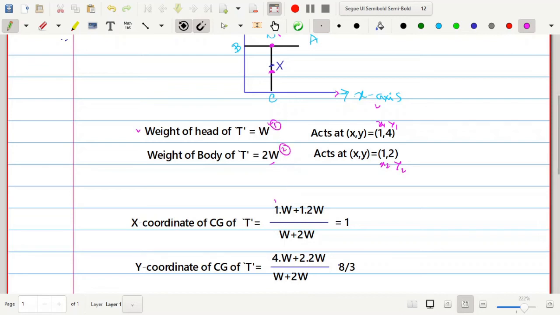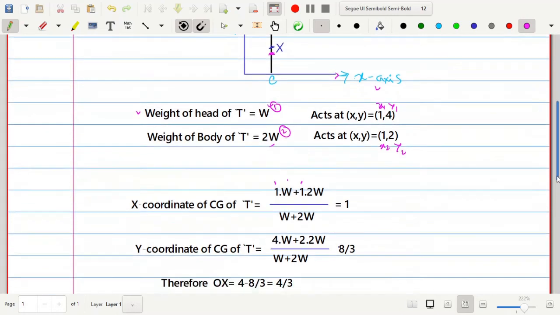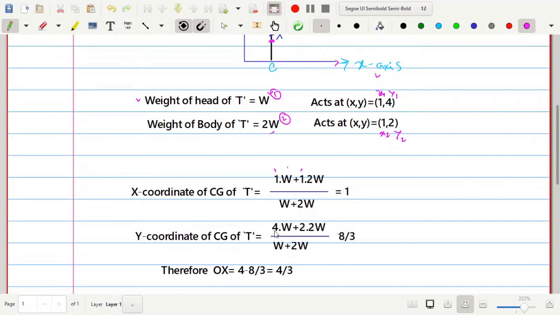So x1 is 1, w1 is W, x2 is again 1, and w2 is 2W, divided by w1 plus w2, the total weight. This is 1. For the Y coordinate of CG, we calculate y1 w1 plus y2 w2, which is 2 times 2W, divided by the total weight. This becomes equal to 8 by 3.